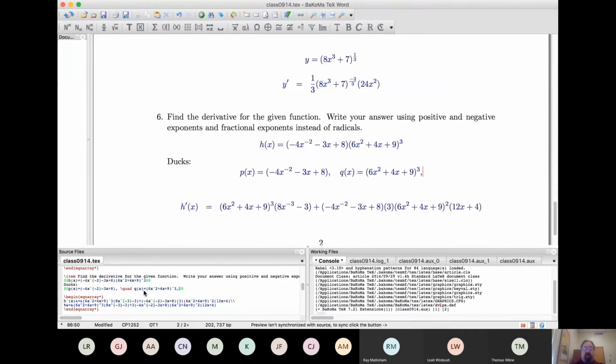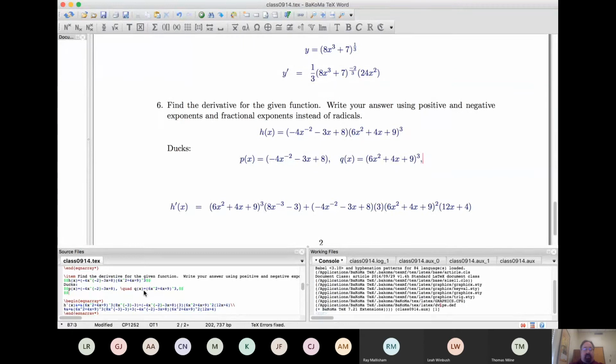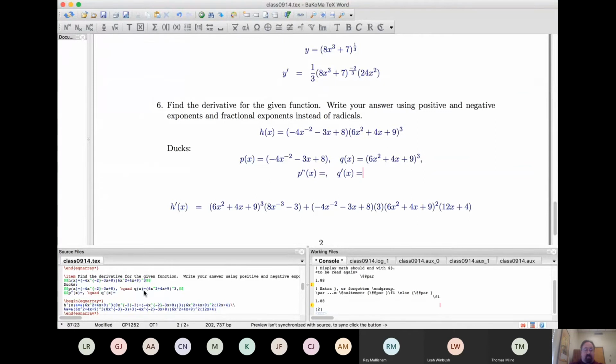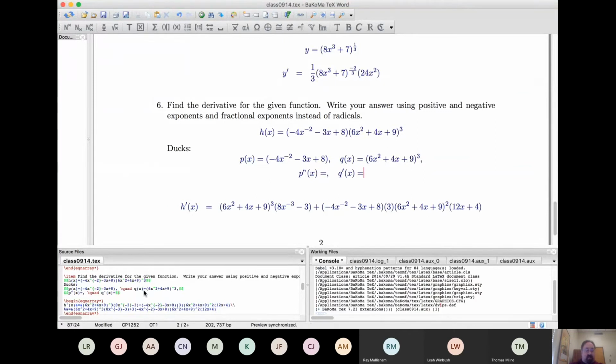Okay. And then the derivatives of the individual pieces should just be P prime and Q prime. Okay. All right. So here we take the derivative of this piece, and here the parentheses are not absolutely necessary, but they will be needed later, so I'm just going to leave them.